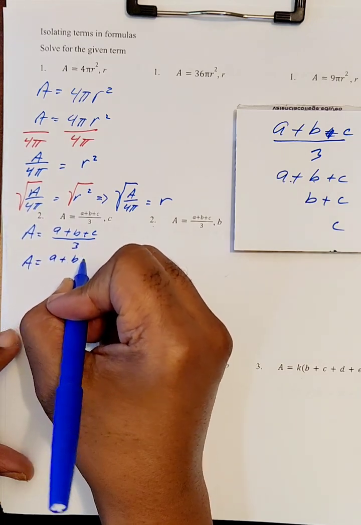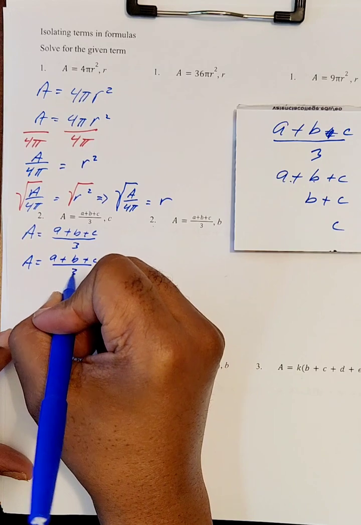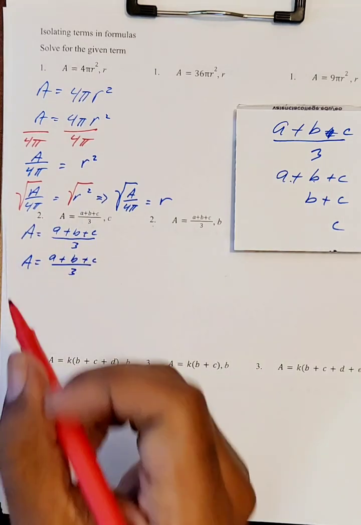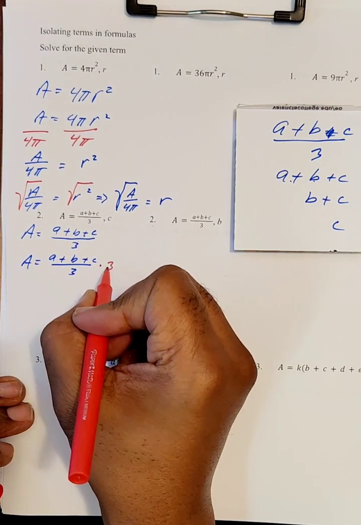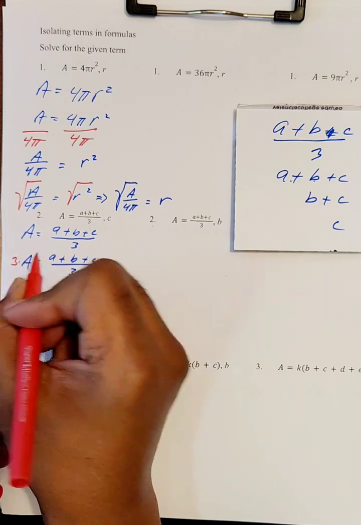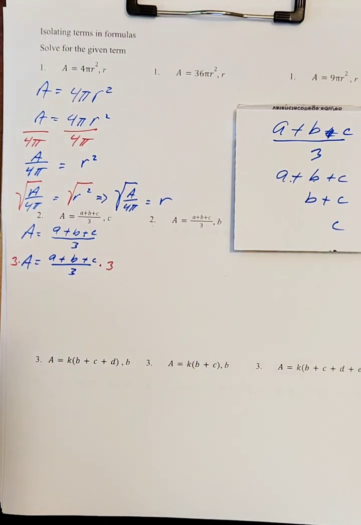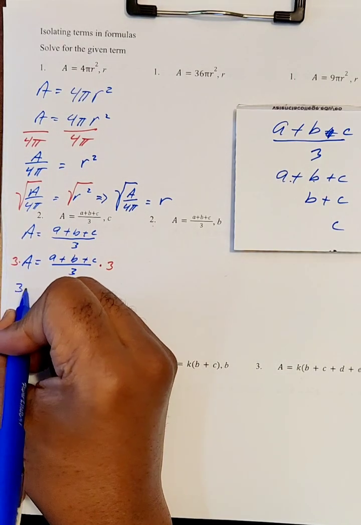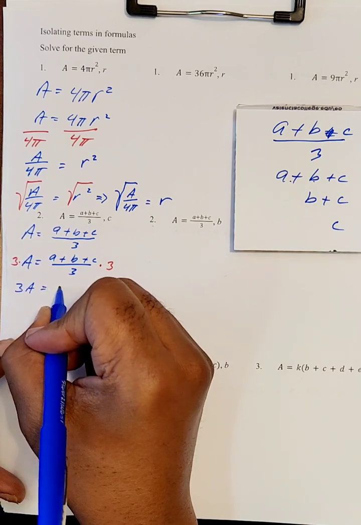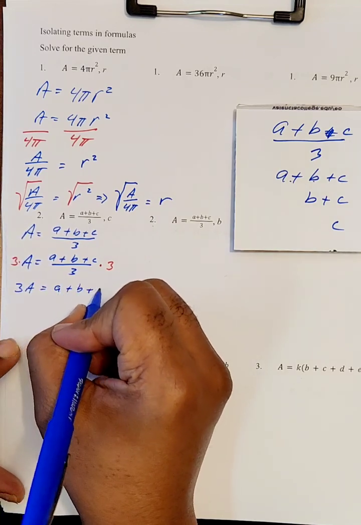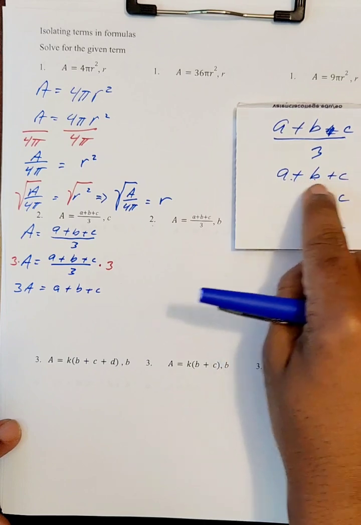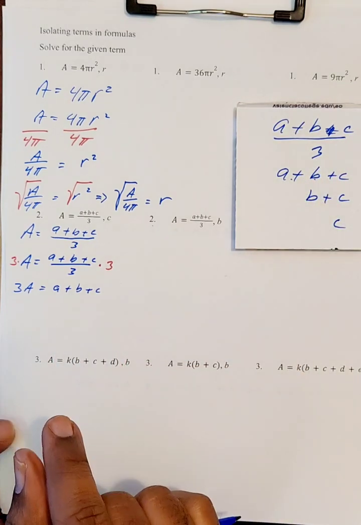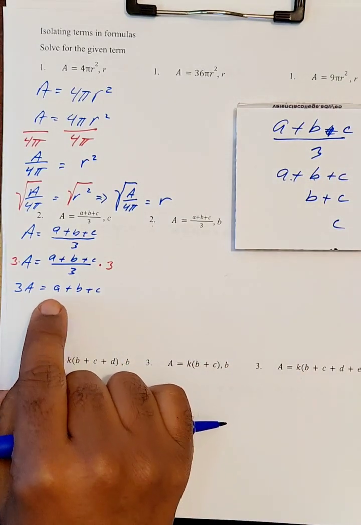So let's write the problem again. And we're going to use a multiplying 3 here and a multiplying 3 on the other side. So we'll end up with 3a equals a plus b plus c. Then there's no 3. Now, let's get rid of the a.